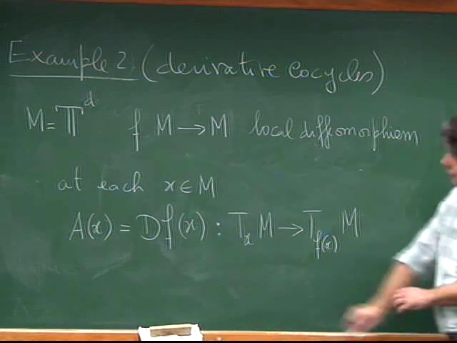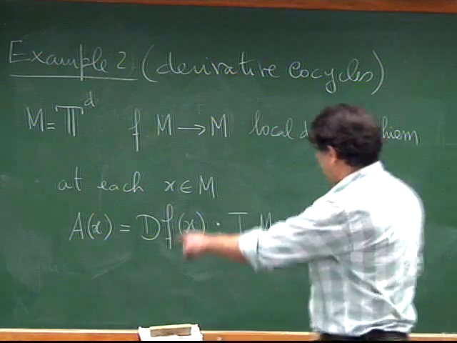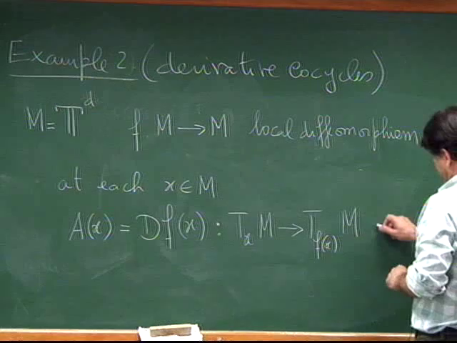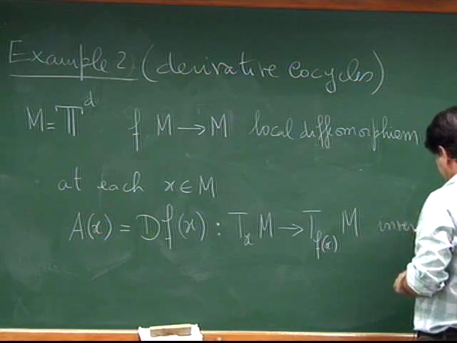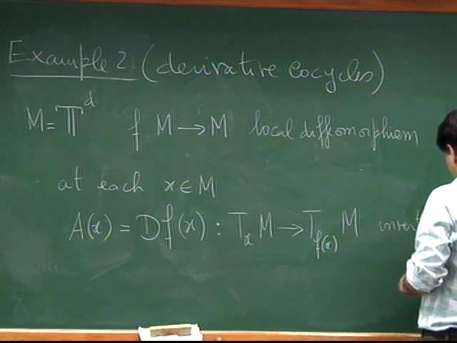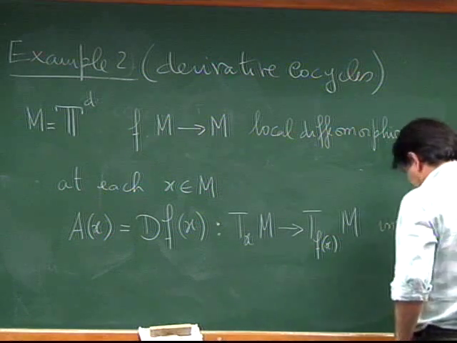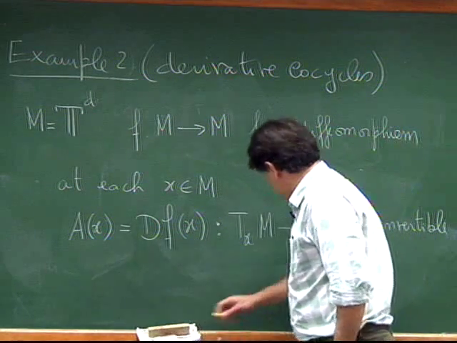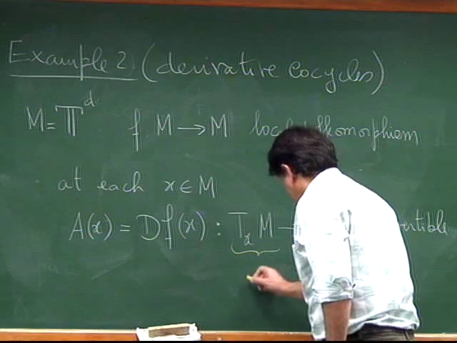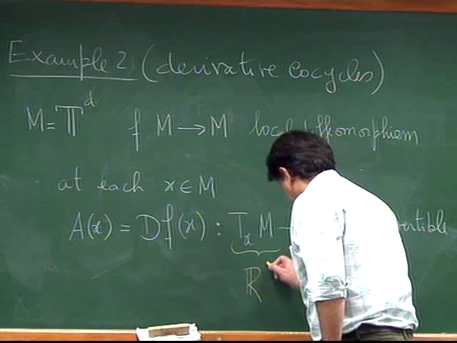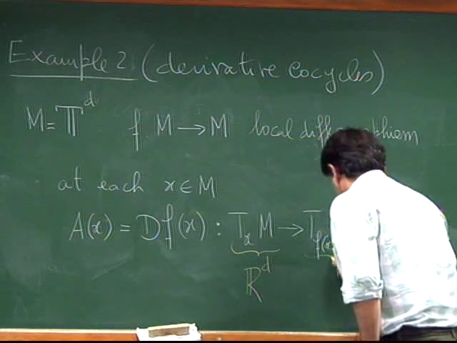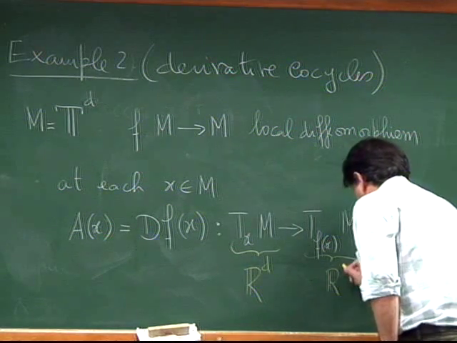And if you have a torus, and since I'm assuming this is a local diffeomorphism, this is invertible. This is an isomorphism. Since you have a torus with dimension d, the tangent space is just Rd, and the tangent space at the image is Rd.